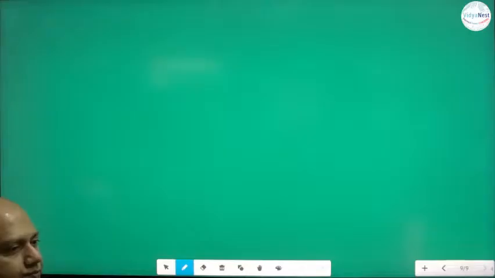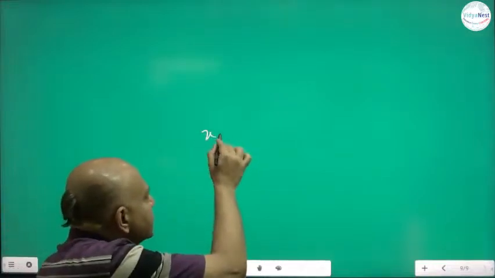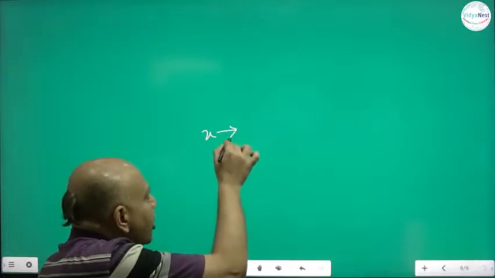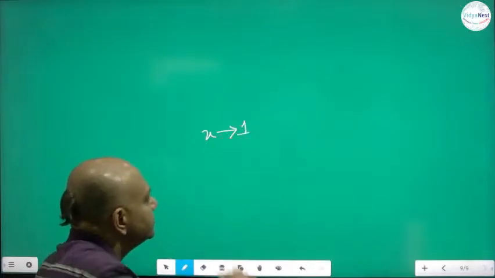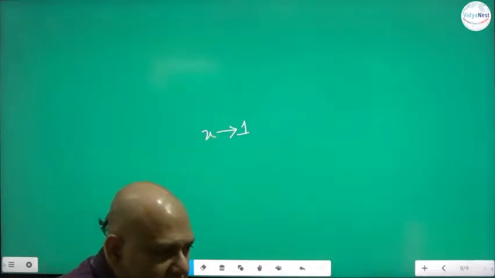So now we have a concept, the limit concept. Just like if I tell x, I'm giving a symbol. The arrow symbol is there. Saurabh, understanding my point?